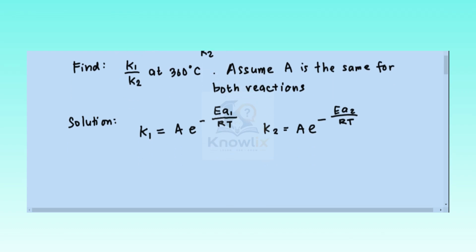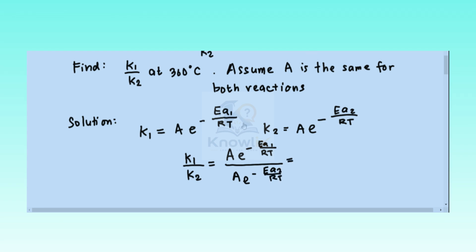Now we take the ratio of the two, that is k1 over k2 is equal to e to the negative Ea1 over RT over e to the negative Ea2 over RT.